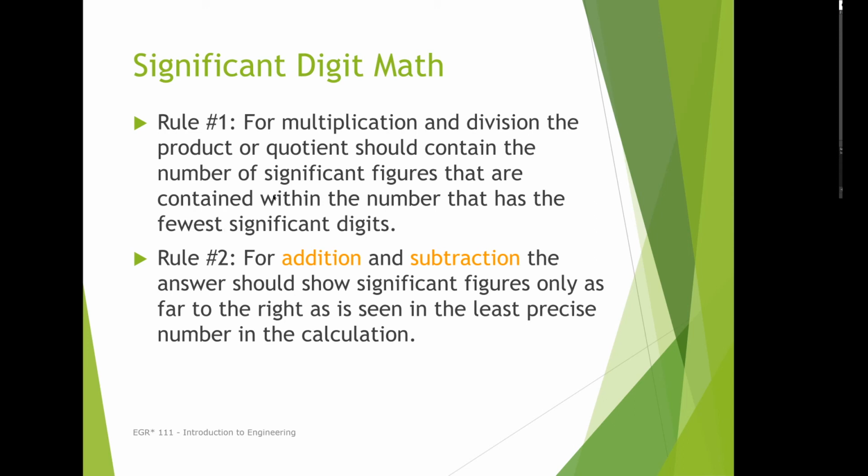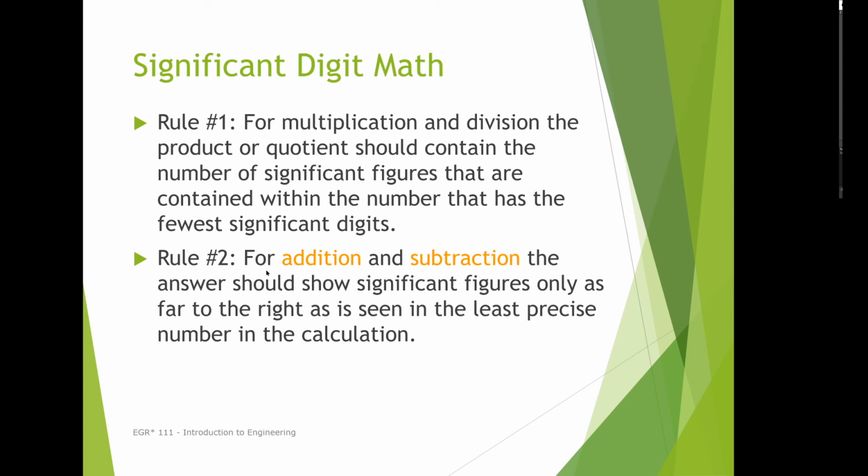So if you have 2 numbers, one has 3 significant digits, one has 2, and you multiply, the end result has to have just 2 significant digits. That's rule 1. This is shown in example 3.2. And there's another one, 3.3, that also applies for rule 2.